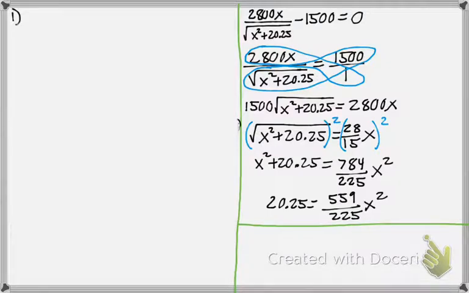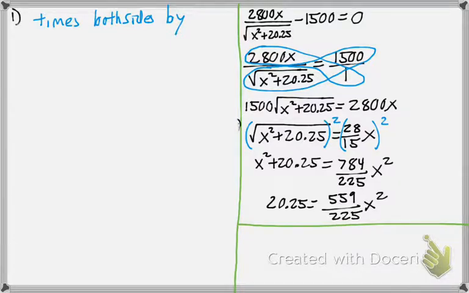So the next thing I want to do is multiply both sides by, well, we have 559 over 225.